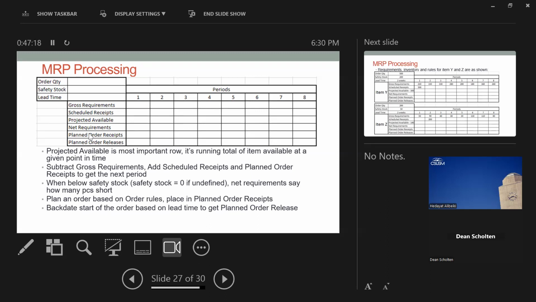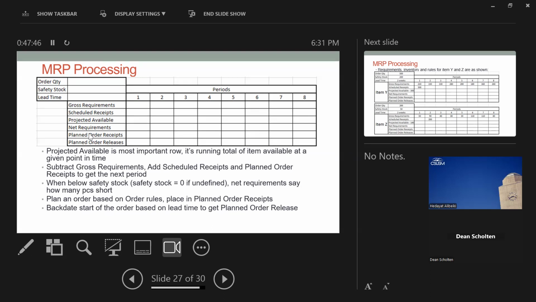Net requirement is, like I said, the total net amount of items that we need to satisfy the gross requirement, considering the on-hand inventory and the scheduled receipts. That would be the net requirement. Then based on the net requirement, we plan.